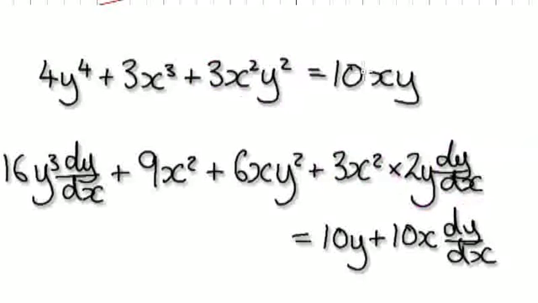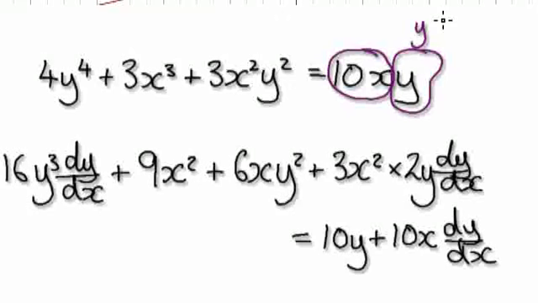And then this part here, again, is a product rule because you've got a bubble multiplying another bubble. Don't forget y is a function of x, so this y has x buried in there somewhere.